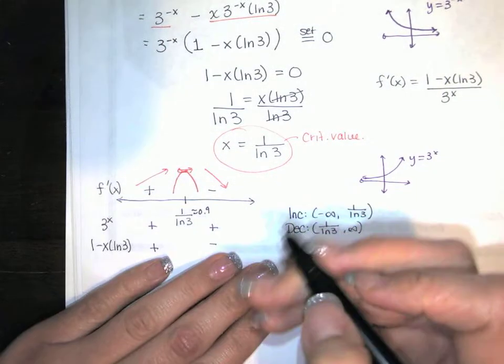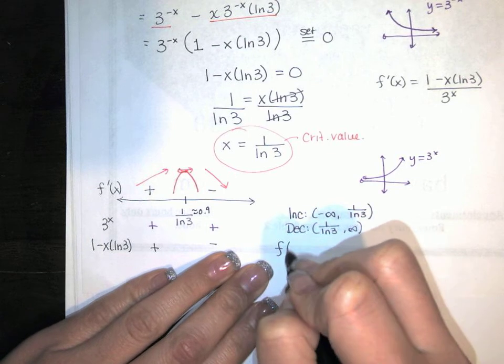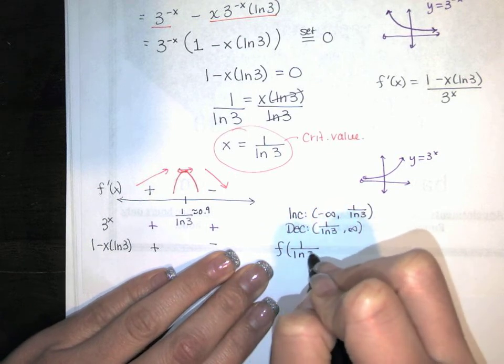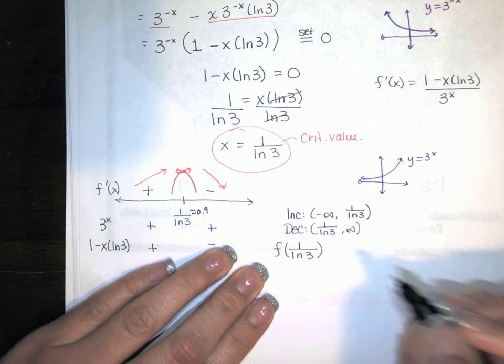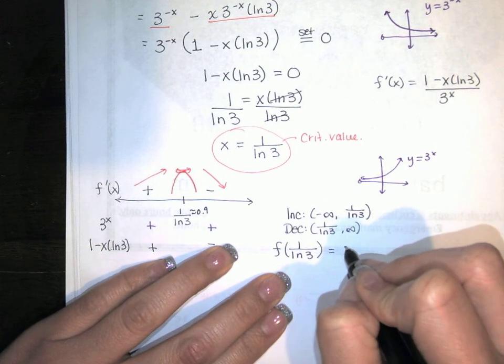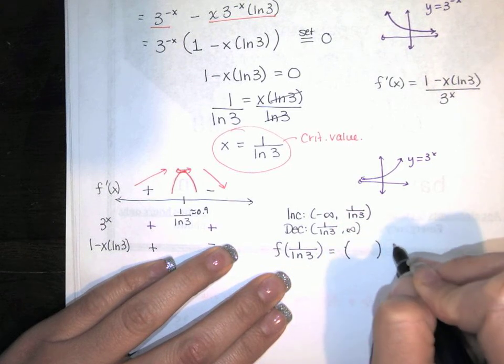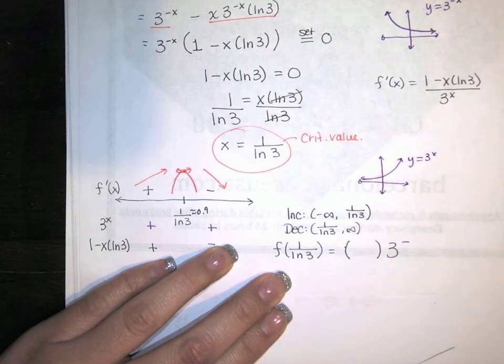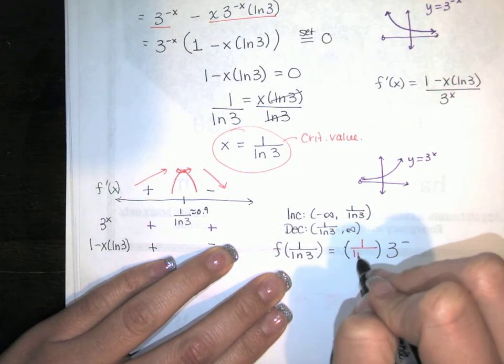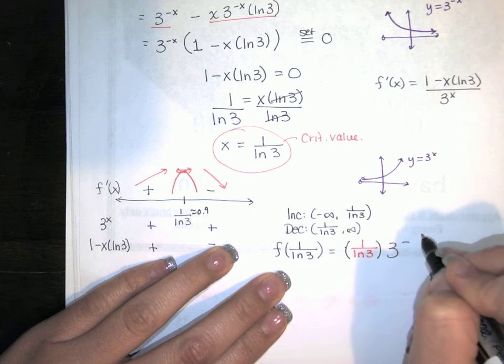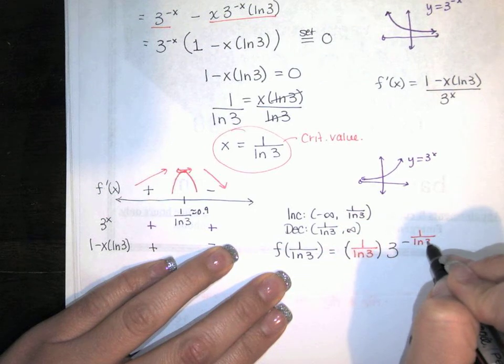So we'll say f of 1 over natural log of 3, which is x times 3 to the negative x, and my x is 1 over natural log of 3, and this is 1 over natural log of 3.